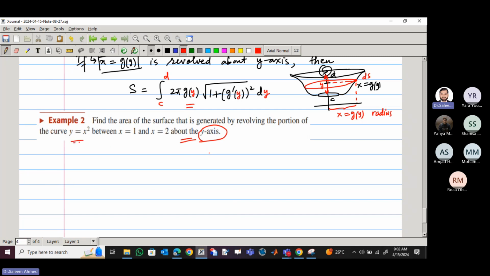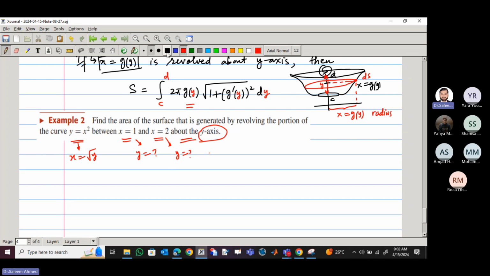But they did not write this as y. They wrote this as it is, like in the previous example. But I will change it to x is equal to g of y. And here I need the values of y. I need x is equal to g of y, which will become square root of y. And here the y values. So I will see what the y values are.